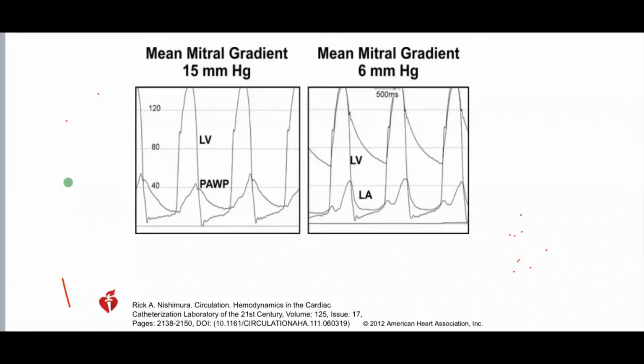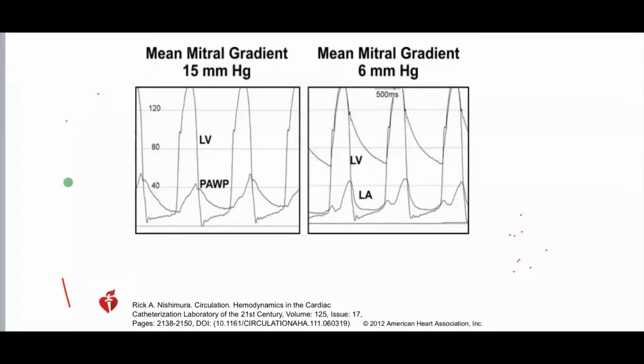For the same patient, when they used LA pressure tracing, the mean gradient is only 6. Why is this difference? We said that there is a false estimation due to septal penetration in the accurate measuring of the LA pressure. Which one is more accurate? LA pressure. Yes.